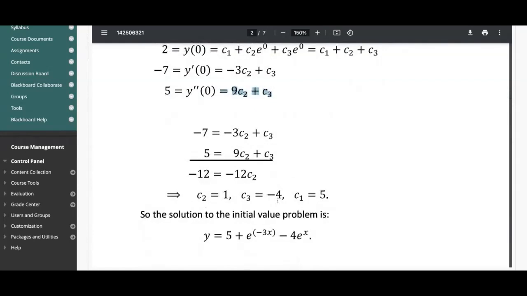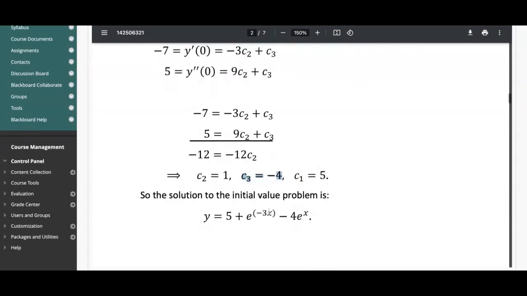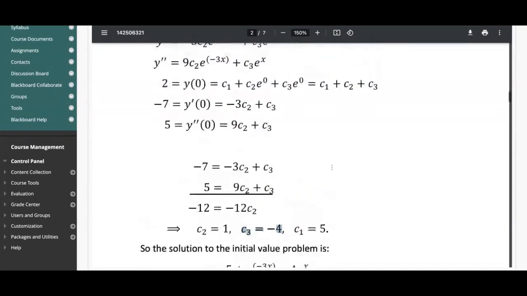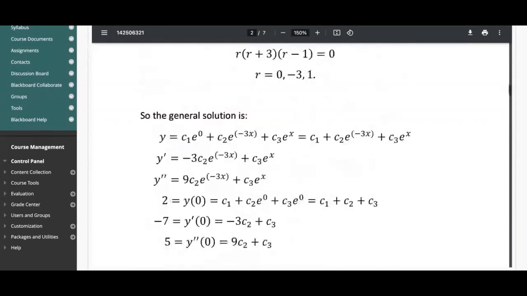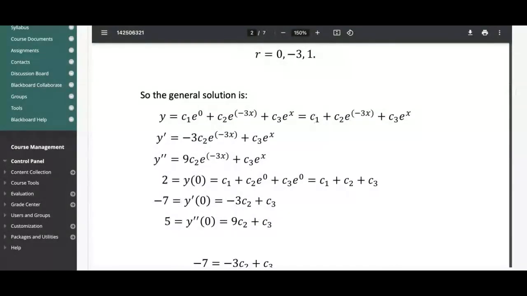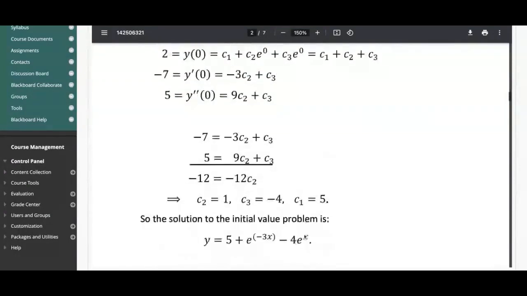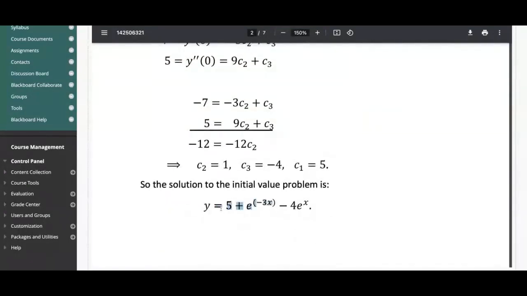We solve, and in the end we get C1 equals 5, C2 equals 1, C3 equals negative 4. Just plug C1, C2, C3 back into the general solution to get a particular solution for the given initial values.